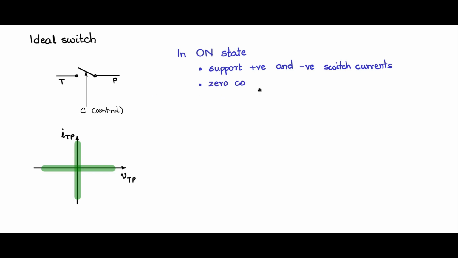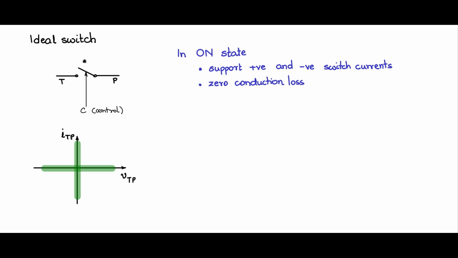Next, zero conduction loss, meaning when the switch is on and there is a current flow, there should not be any I square R loss within the switch, or there should not be any drop across the switch. Only under such conditions will zero conduction loss happen.